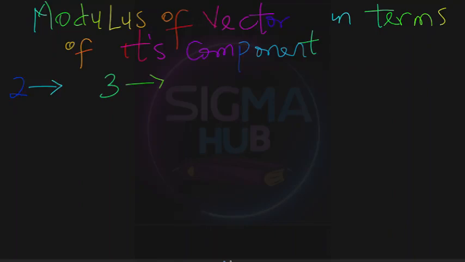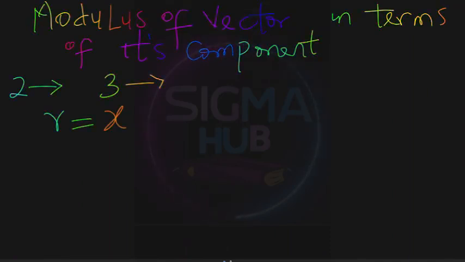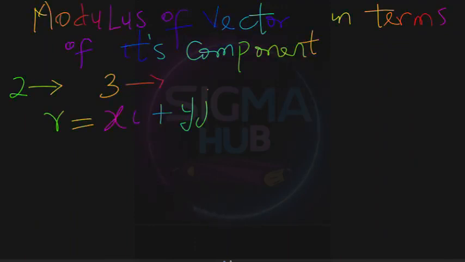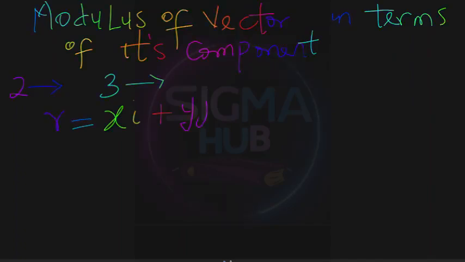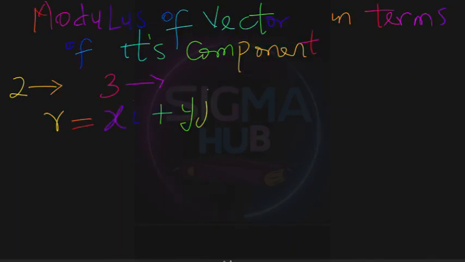Now, a two-component vector looks like this: vector R equal to xi plus yj. So it has two components like this, component i and component j. In this case, the components are the horizontal and the vertical components.